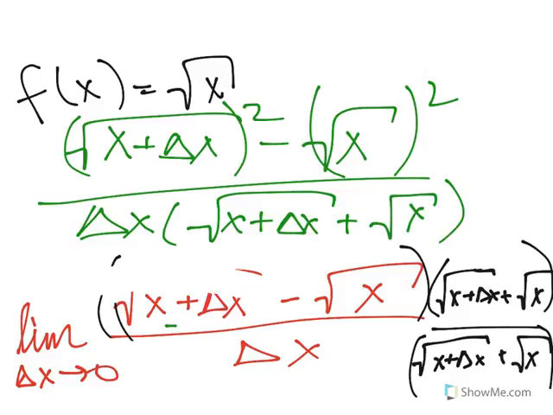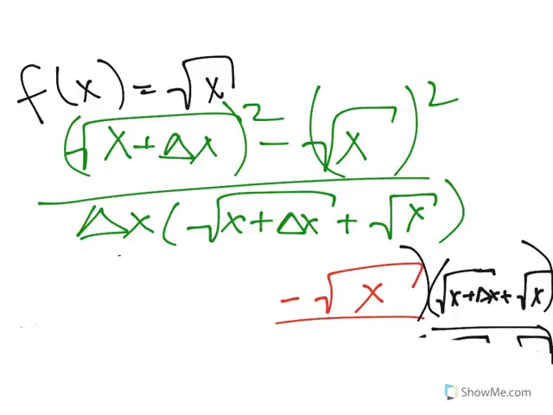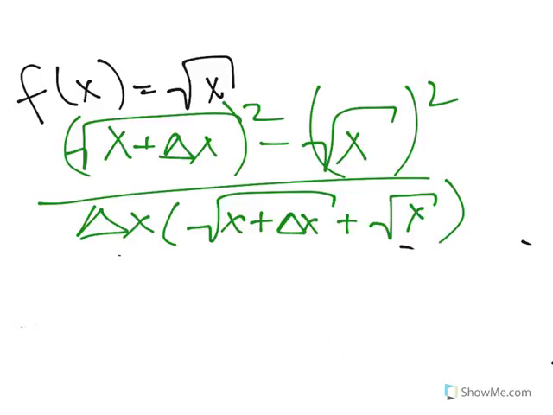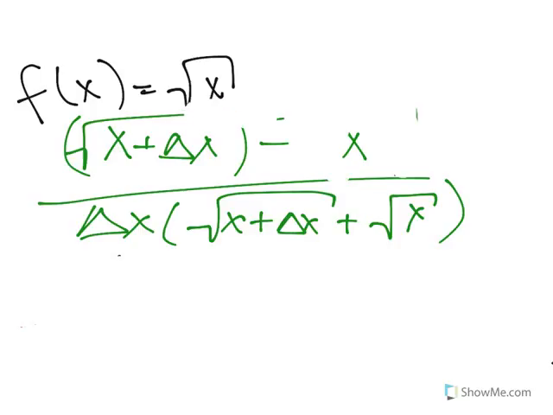So now we can get rid of this bottom portion. And squaring this is trivial. You can just get rid of the squares and get rid of the square root, like so.